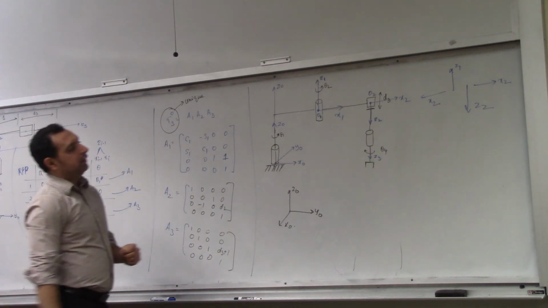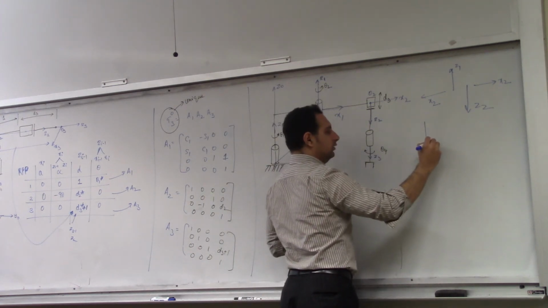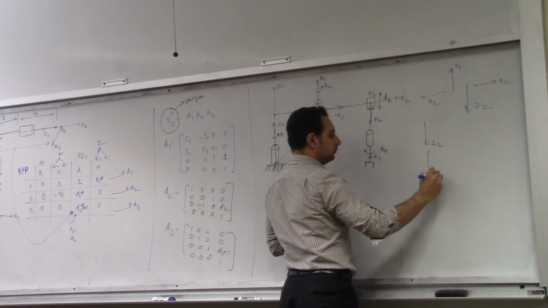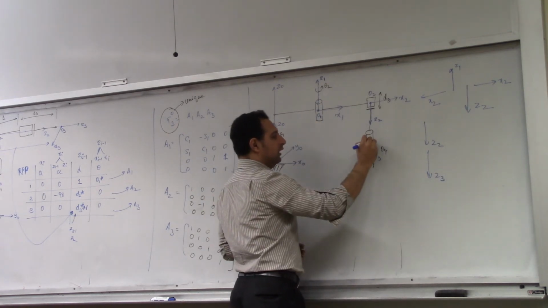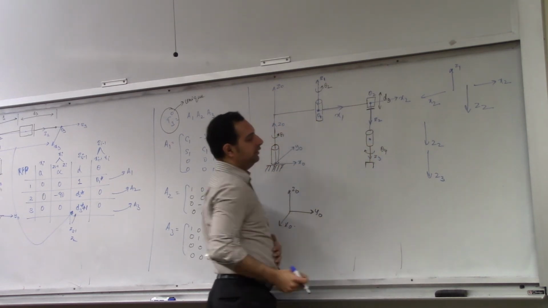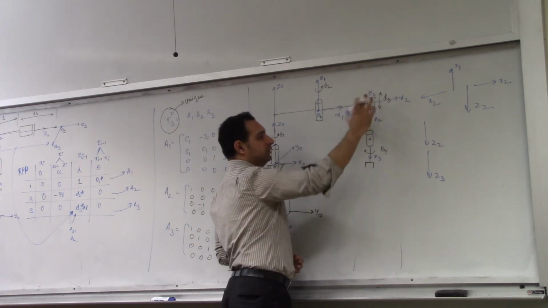All right. Now, Z2 and Z3 are collinear, so you have a choice to take x anywhere you want. Let's say I want to put this at this point. You can take it anywhere. If you put it here, then you have to account for this distance.